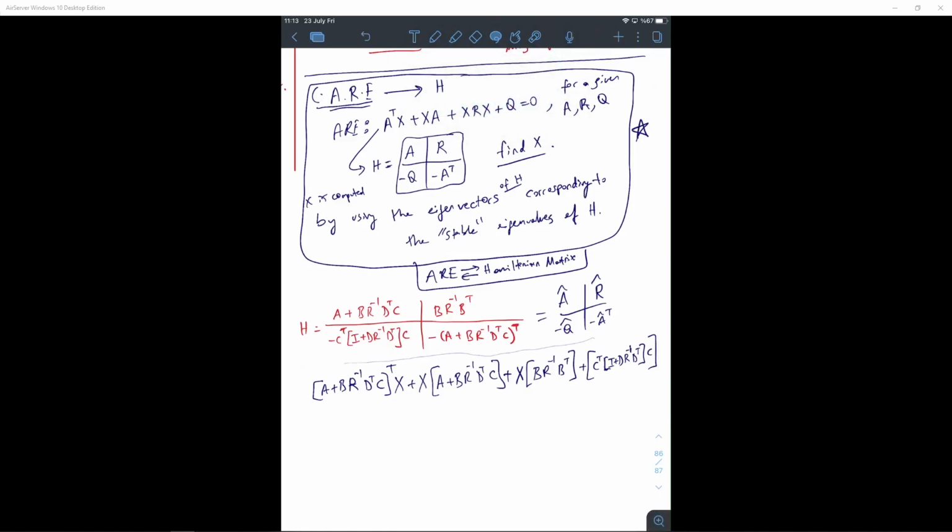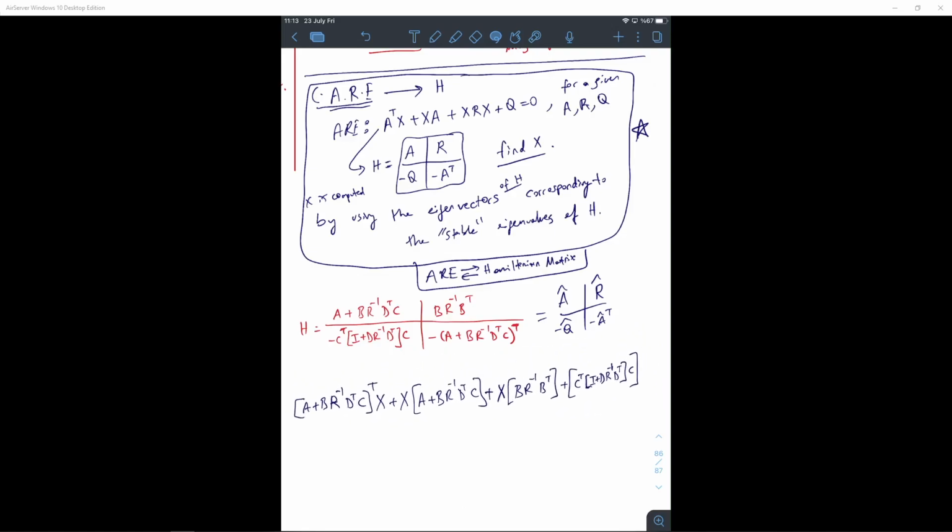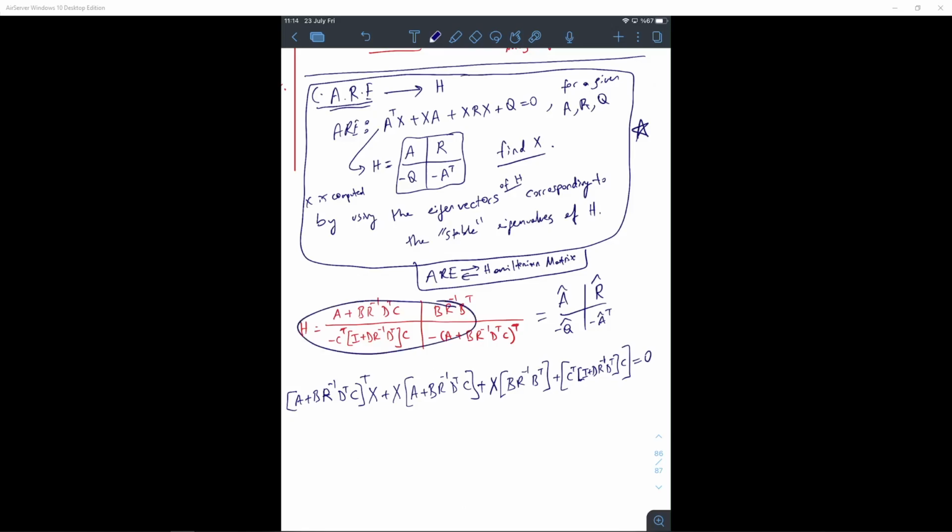Let's try this, hope it works. Step by step, this is the algebraic Riccati equation associated with this Hamiltonian.